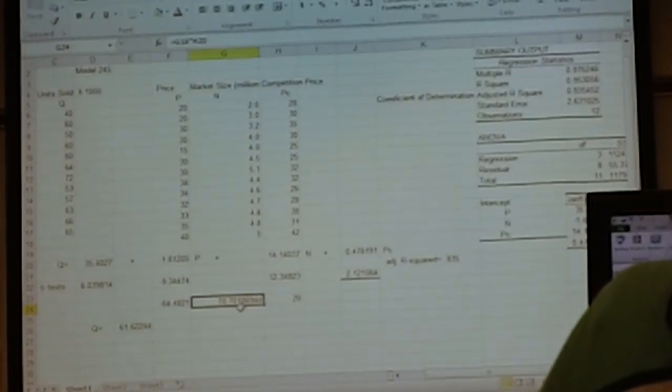What does that mean? What does this number mean? Yes, 70. That is the market size. Sorry, that's not market size. That's the result of the market size times the coefficient. Okay, that's pretty cool.